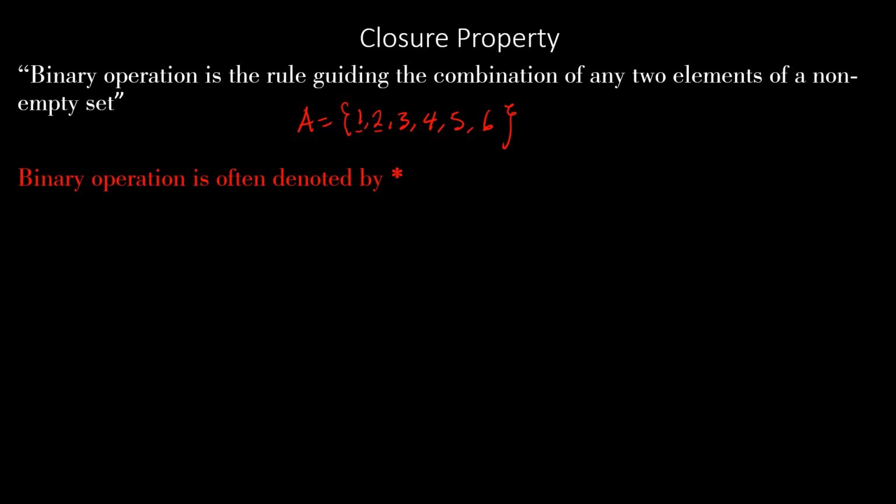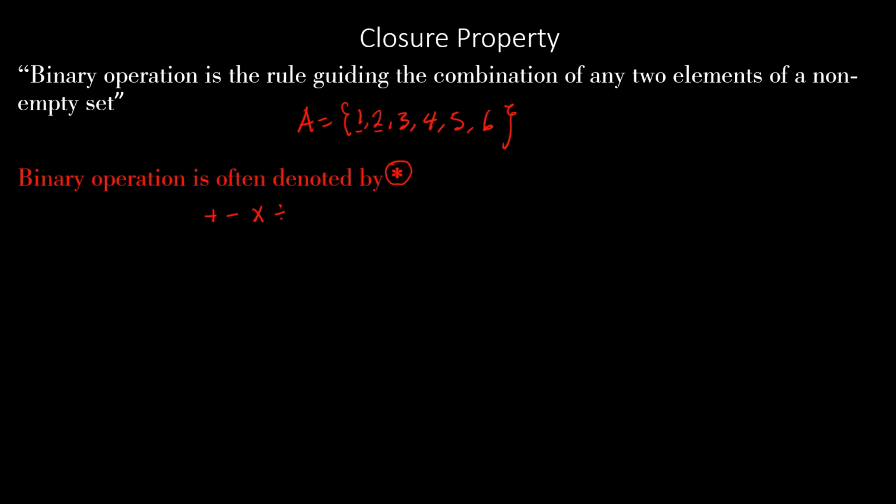In many cases, binary operation is denoted by asterisk, and you're often familiar with the common operations such as addition, subtraction, multiplication, and division.